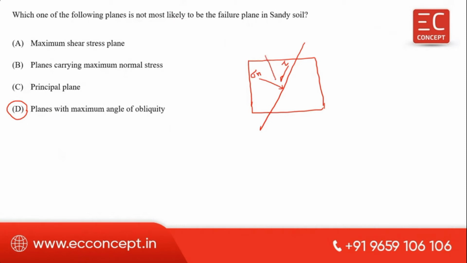And here is the resultant sigma r. This angle is the angle of obliquity, beta. When this angle of obliquity is maximum, then that plane is a shear plane. If angle of obliquity is maximum, then the failure will take place. So the plane with the maximum angle of obliquity.